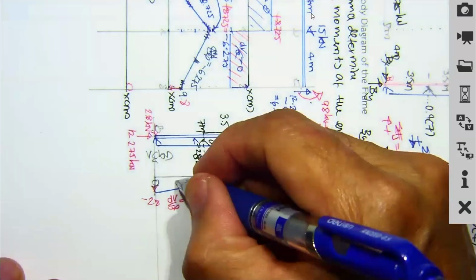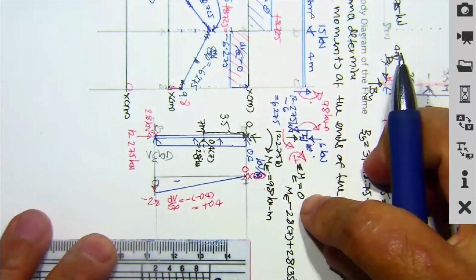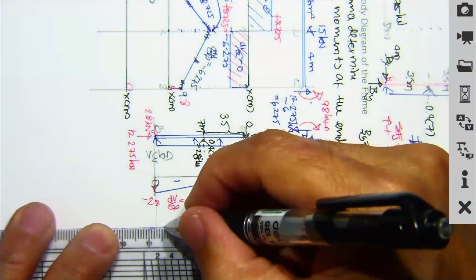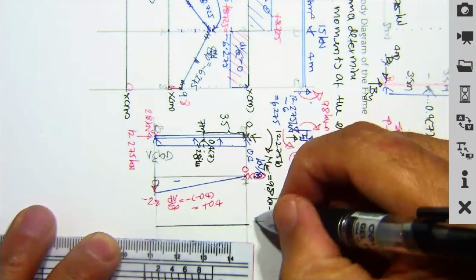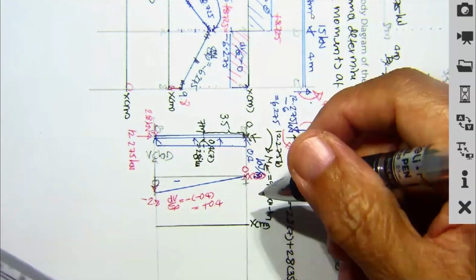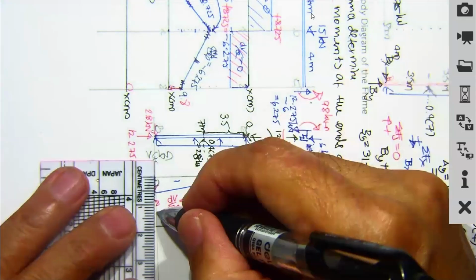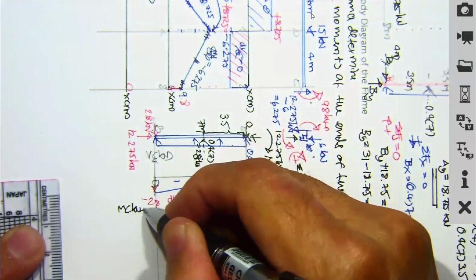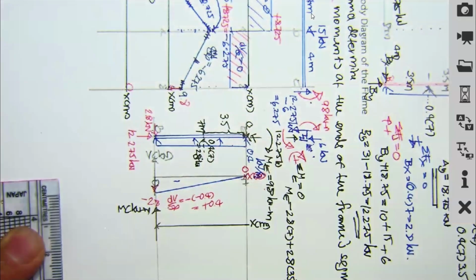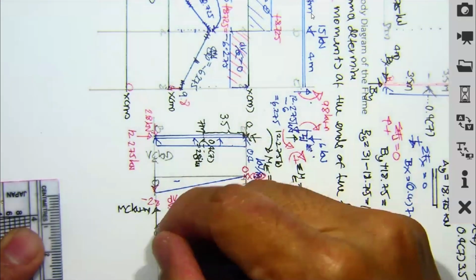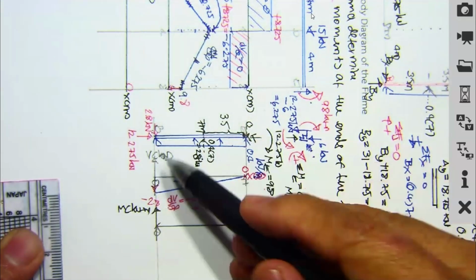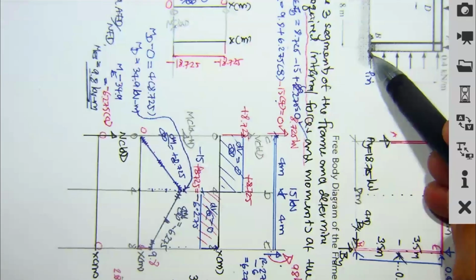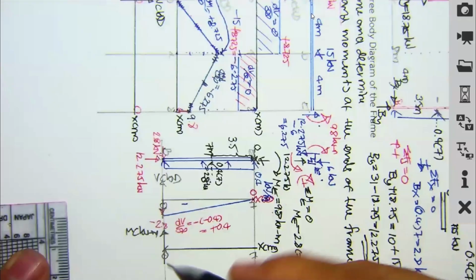Okay, negative. And then for the moment, we draw again. This is going to be x in meters, and this is going to be the moment in kilonewton meters. Start from 0 to 7. Do we have the moment for this one? No, no external moment.